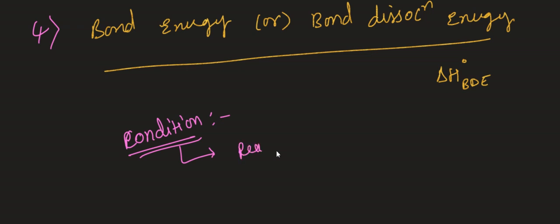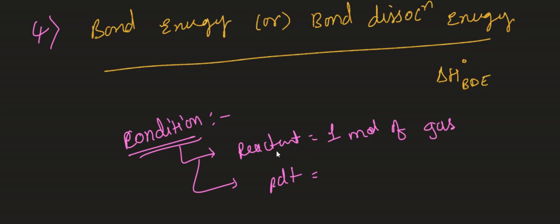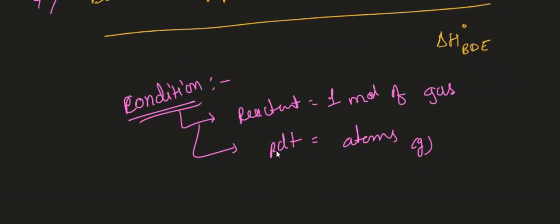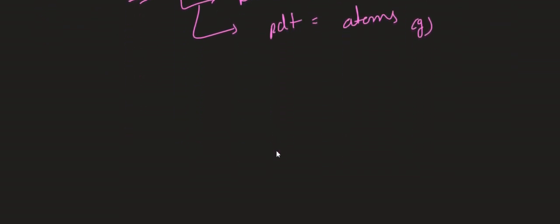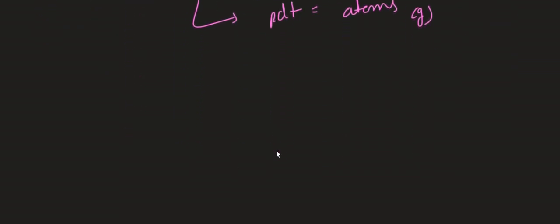That means the reactant must be 1 mole of gaseous species, and the product must have separate atoms. All must be in the gas state. For example, H2 gas gives rise to 2 times H gas.